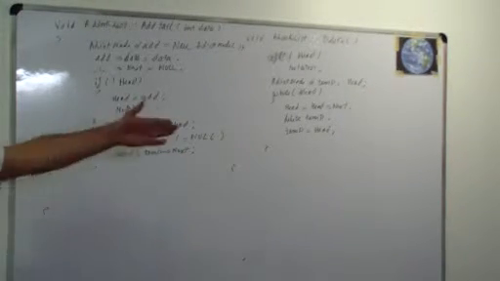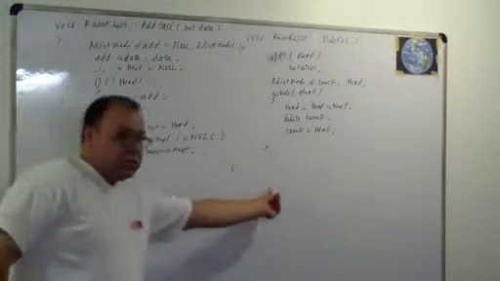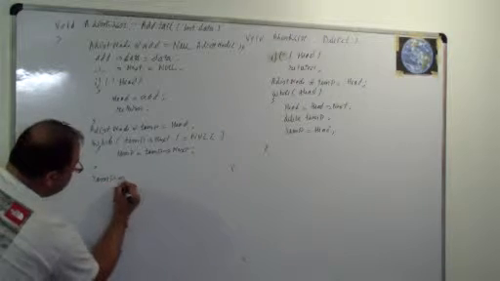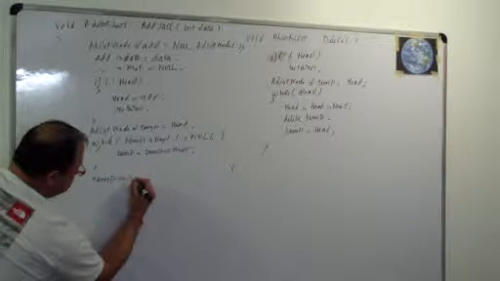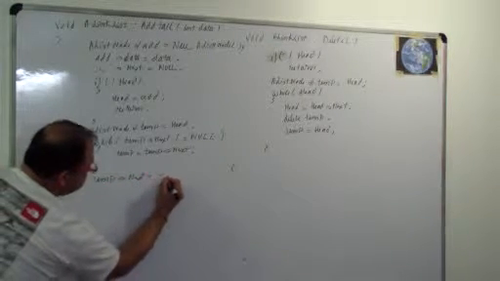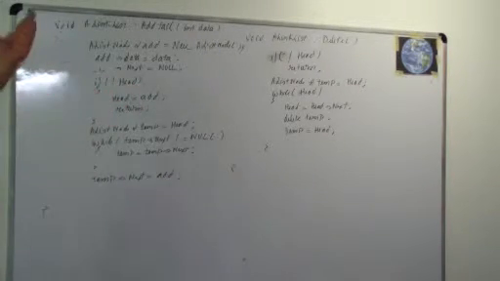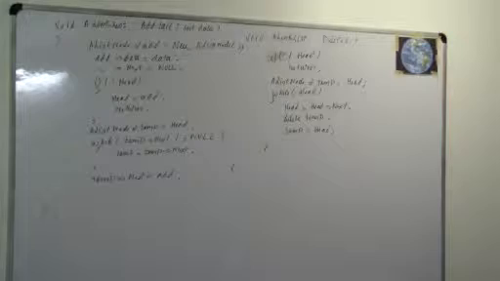So we'll traverse the entire list till temp reaches the last one, and then we'll say temp arrow next is equal to add, and add arrow next already points to null. So this will be the add tail.